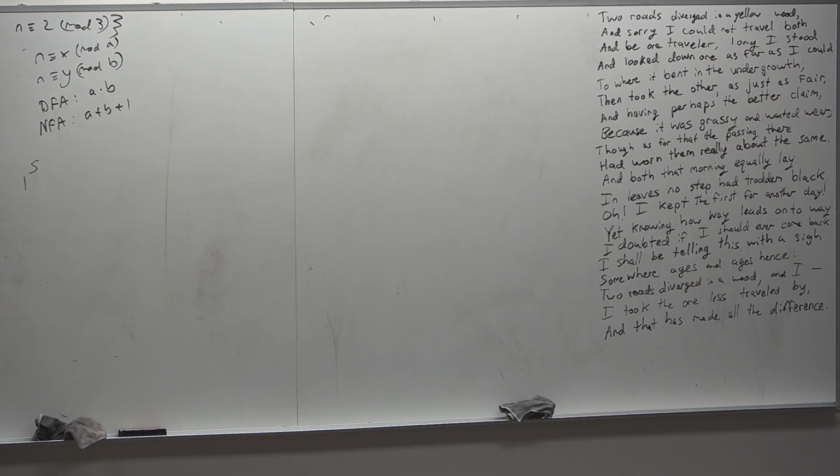And both that morning equally lay, in leaves no step had trodden black. Oh, I kept the first for another day. Yet knowing how way leads on to way, I doubted if I should ever come back. I shall be telling this with a sigh, some ages and ages hence. Two roads diverged in a wood, and I took the one less traveled by, and that has made all the difference.